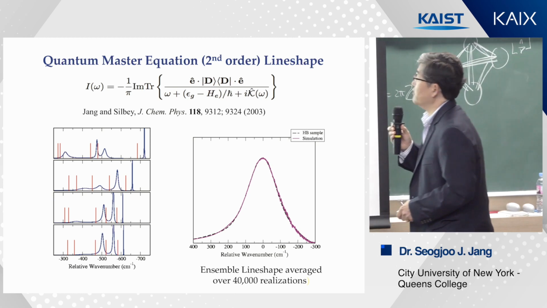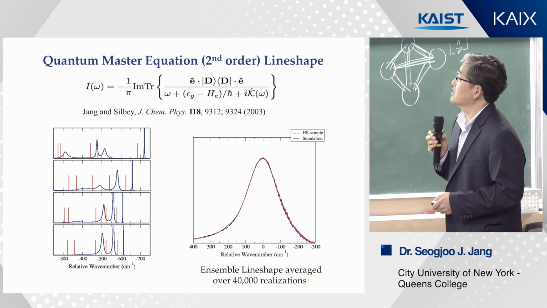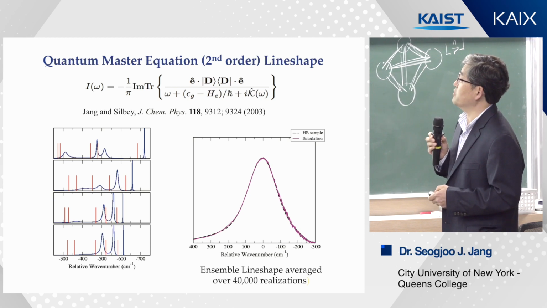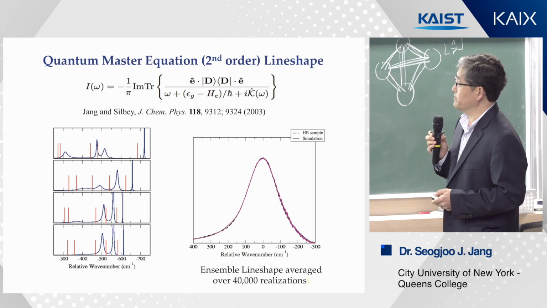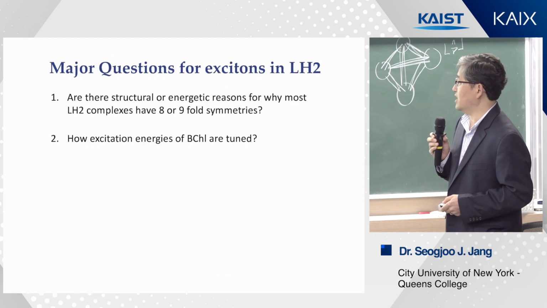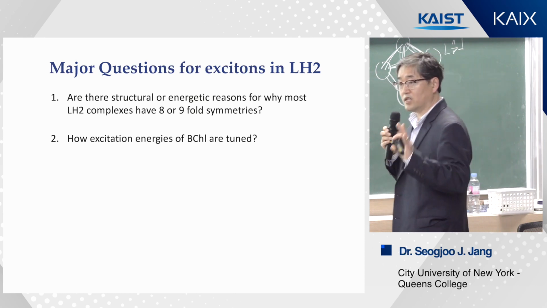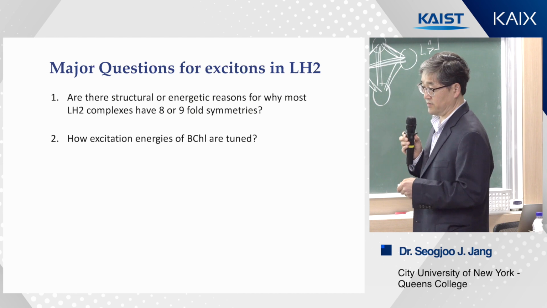Around 2003, when I was still working as a postdoc, I was able to come up with a simple theory for line shape, and reproduce the important qualitative features of the single molecule line shapes. It wasn't that difficult to reproduce the ensemble line shape of the B850 band.